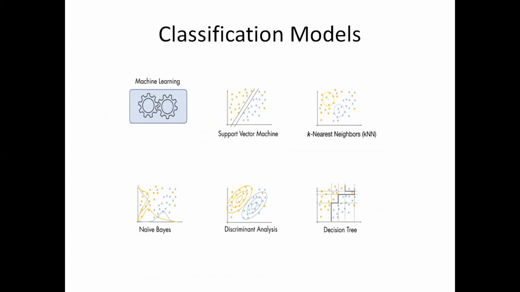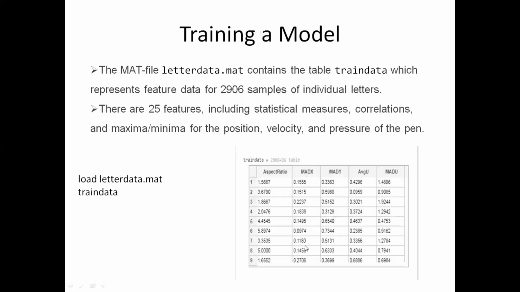So depending on our requirement of accuracy, simplicity, and other parameters, we can decide which classification model we want to use. In our case, we have gone for the K nearest neighbor classification model. We will see how to develop this particular model. We have already seen it, and we will continue with the KNN model here.